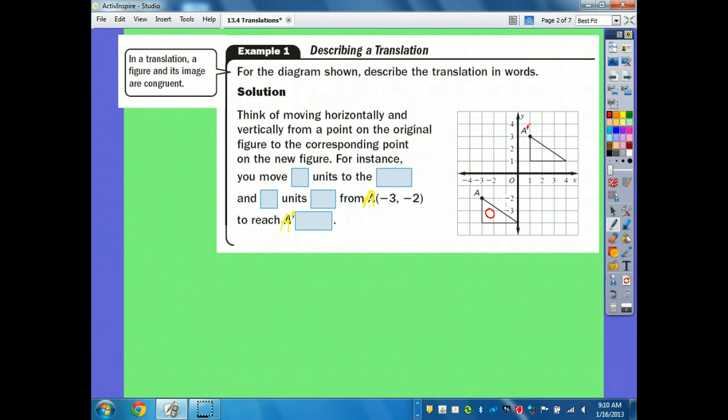So if we go from the original then, how many units to the what? And what do I go? So I go what? You move how many units? 1, 2, 3, 4 to the, okay, so 4 units to the right. And then how many units where?